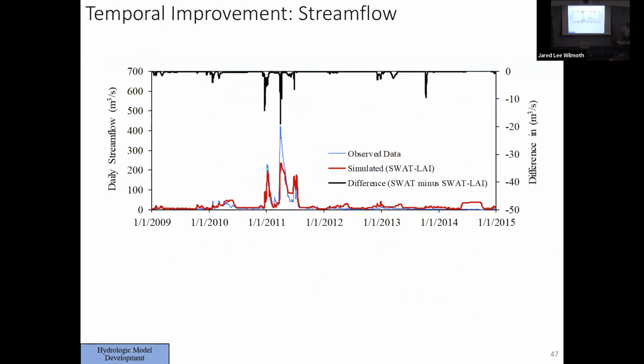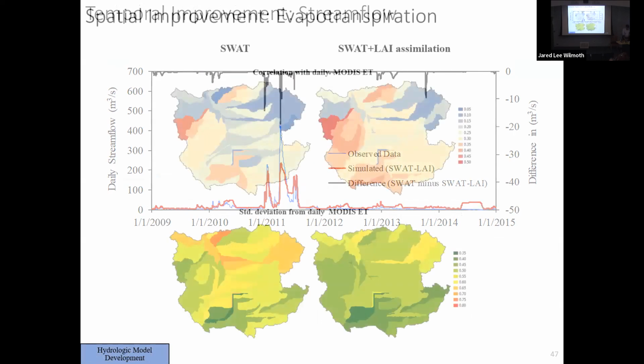I'm not going to go into much detail, but the red line is the simulated integration of SWAT and leaf area index, the blue line is the observed data, and the black line is the difference between the observed data and the simulated SWAT LAI model.